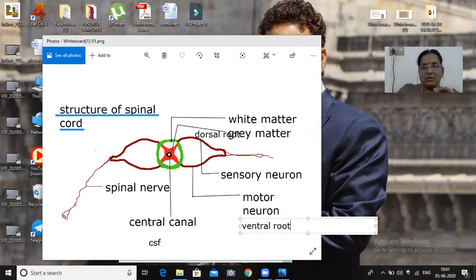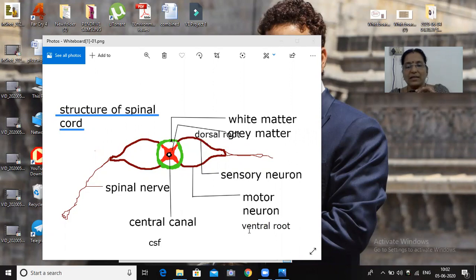So what are the two neurons? They are sensory neuron and motor neuron. Dorsal root is made up of sensory neuron, ventral root is made up of motor neuron, based on the part they reach to the spinal cord and also come from the spinal cord.